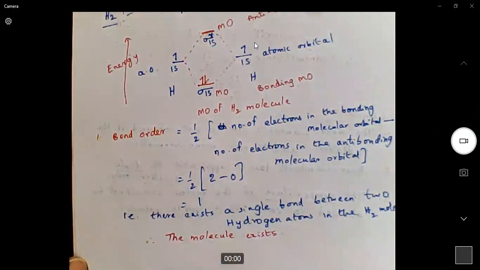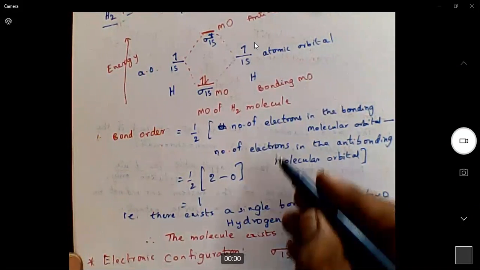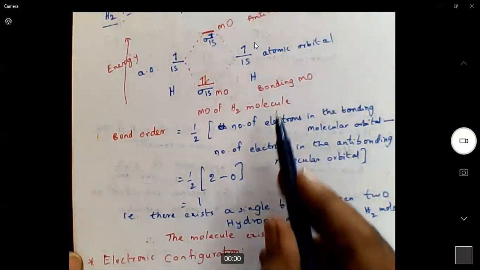Before writing the bond order, we must always write the electronic configuration. Here it is sigma 1s2, with 2 electrons in sigma 1s. Always write this electronic configuration just below the MO diagram.